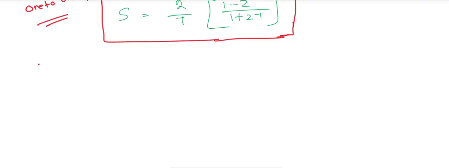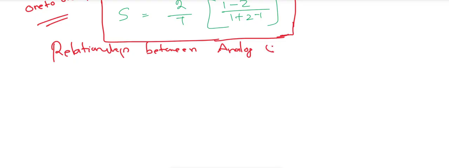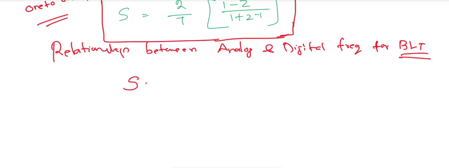Now the relationship between analog and digital frequency for the bilinear transformation method. You know that s is the s domain analog frequency, s equal to j omega.